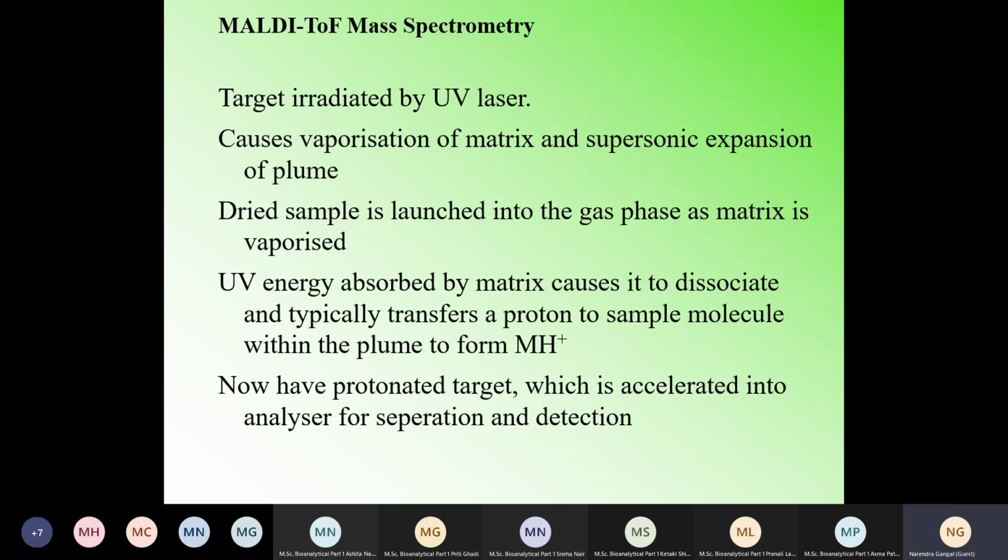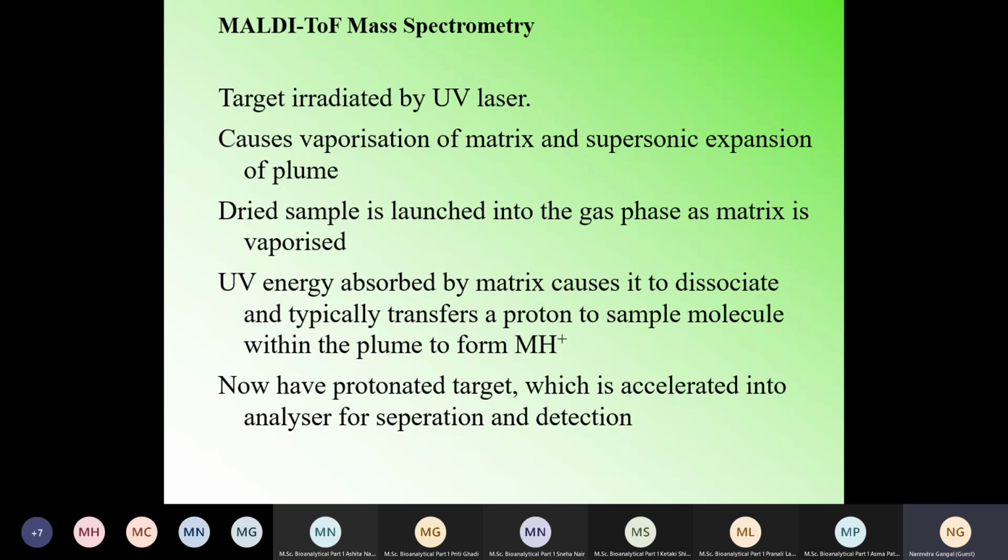APCI is an entirely different technique, but the phenomena or principles are very similar here, whereby the matrix is assisting directly because UV energy from the laser is absorbed by the matrix first, causing it to dissociate, and then it typically transfers a proton to the sample molecule to form MH+. So first it is the matrix which is getting dissociated, transfers the proton to the sample molecules, and then my compound of interest gets ionized. It is not that my compound of interest is directly getting ionized with the help of the UV laser.